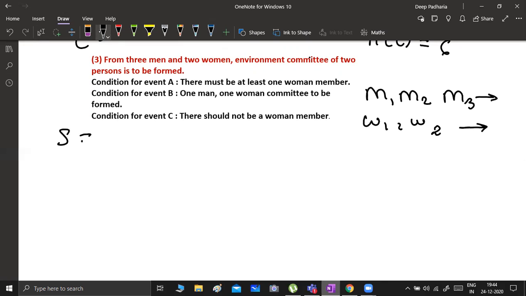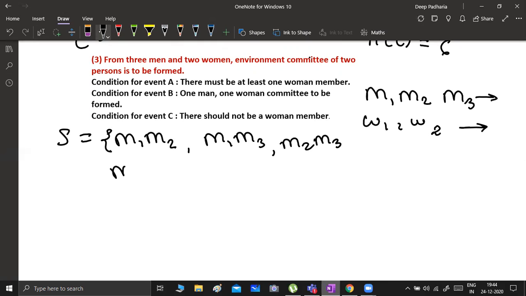So let S denote the sample space, and S would be M1 M2, M1 M3, then M2 M3, then M1 W1. The woman's role has also come in.